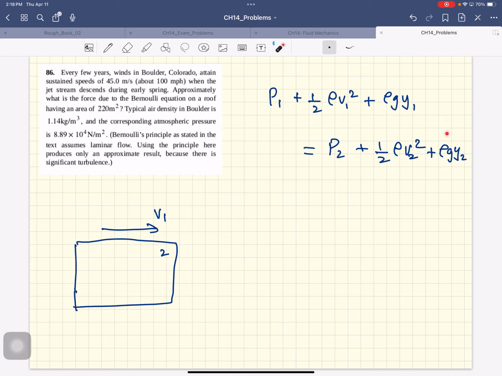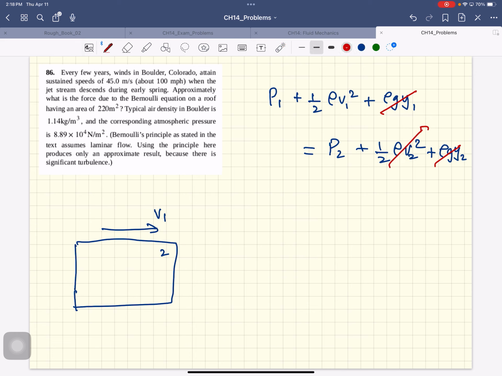So these two terms essentially cancel each other. Inside the room, the velocity is zero, so this term is zero.